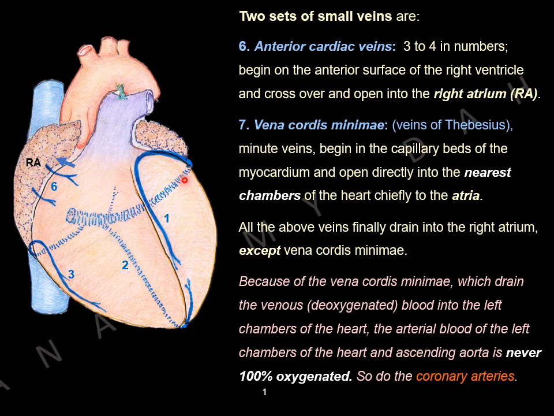So blood in the left half of the heart and also ascending aorta are never 100% oxygenated. They are mixed with some venous blood coming from the vena cordis minimi. So do the coronary arteries.